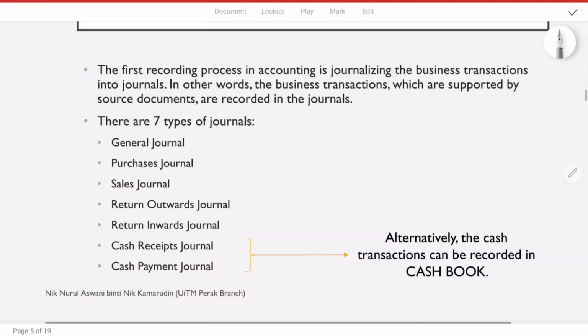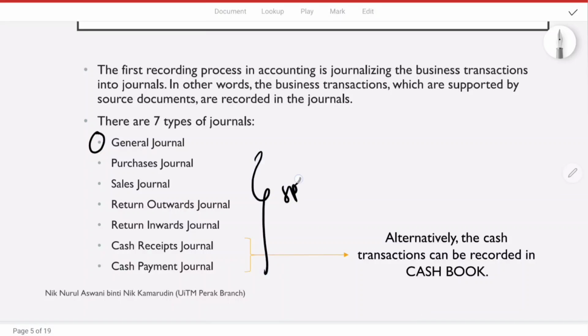So there are basically 7 types of journal. One is the general journal, and then we have the special journals: purchase journal, sales journal, return outwards journal, return inwards journal, cash receipt journal, and cash payment journal.